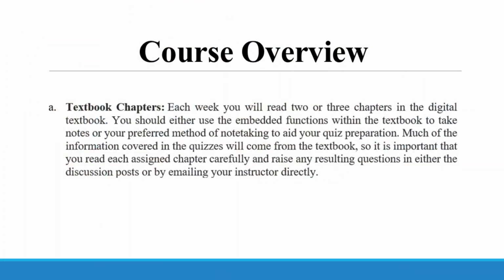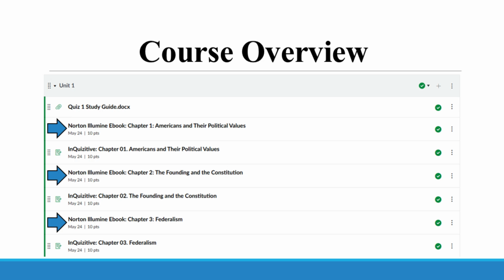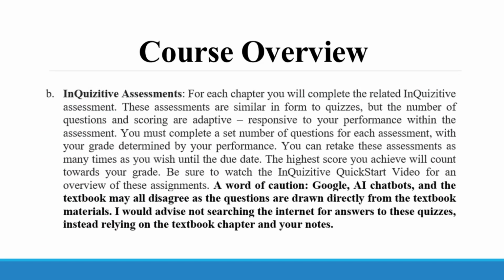Now, in the digital textbook, We the People, there are two main components that you need to be concerned about. The first of these is the reading. This is the ebook Illumine reading for each chapter. There are 15 chapters total in the course. Each unit you will read either 2 or 3 chapters. Along with these chapters are what are known as inquisitive assignments.